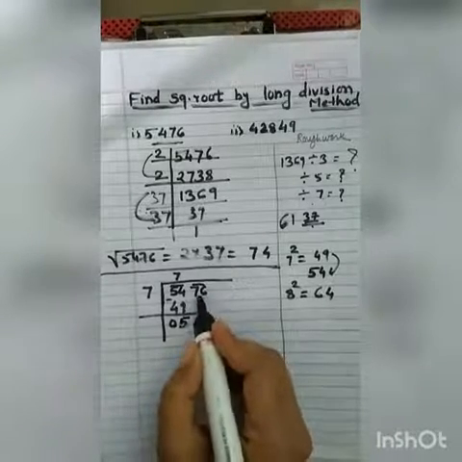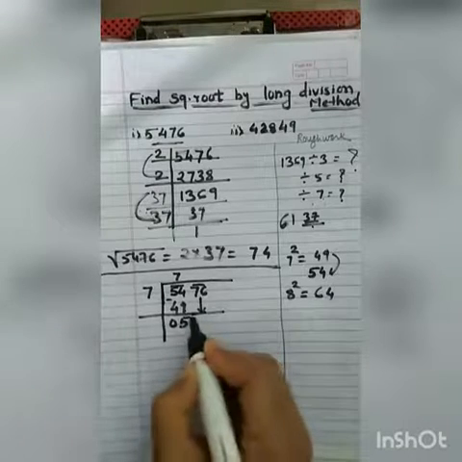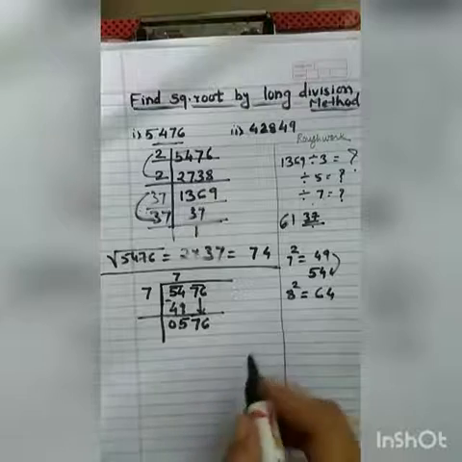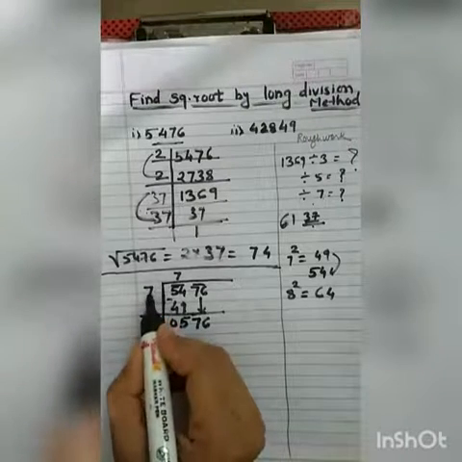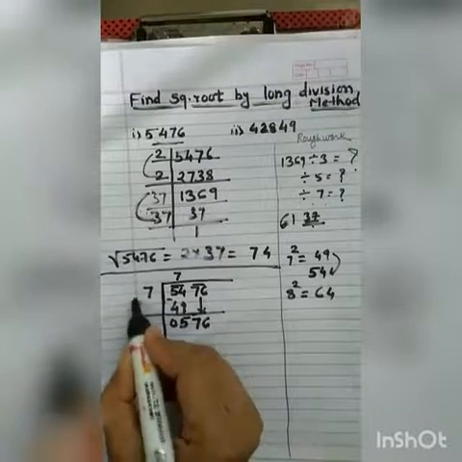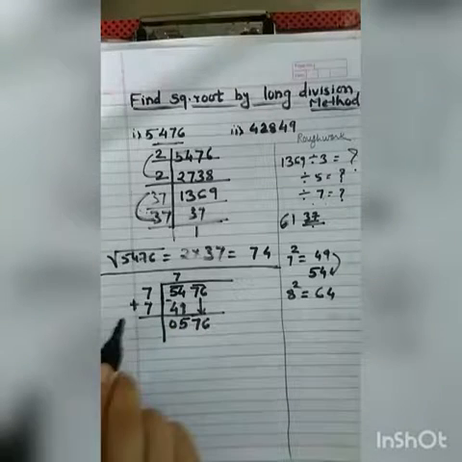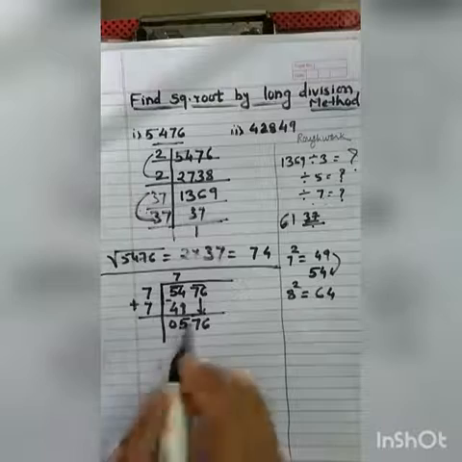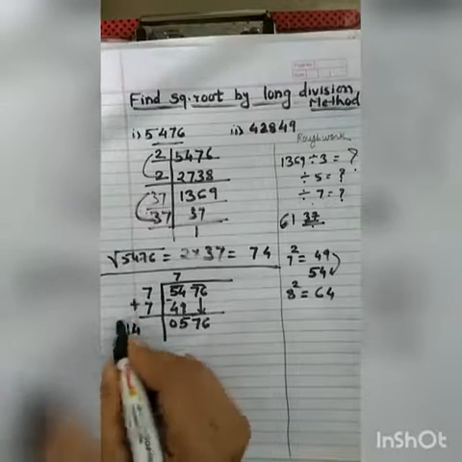Now we have to write down the next paired number, 76. Now it becomes 576. This 7 is at the unit place, and we have to add the ones digit all the time here. So 7 plus 7, it will become 14.